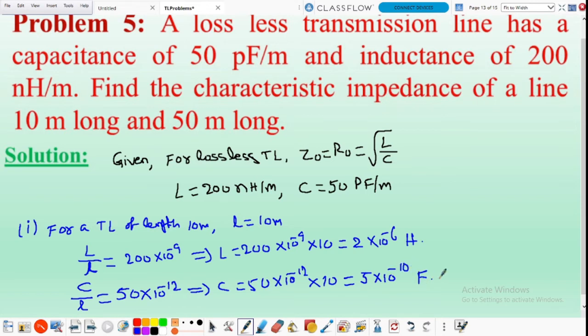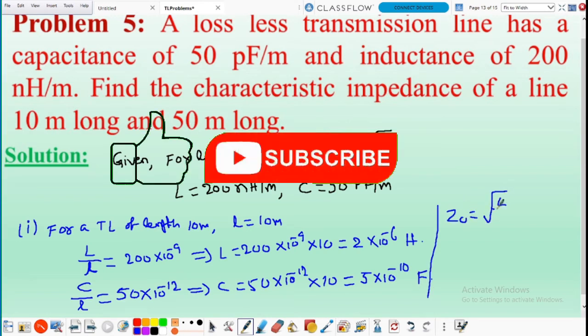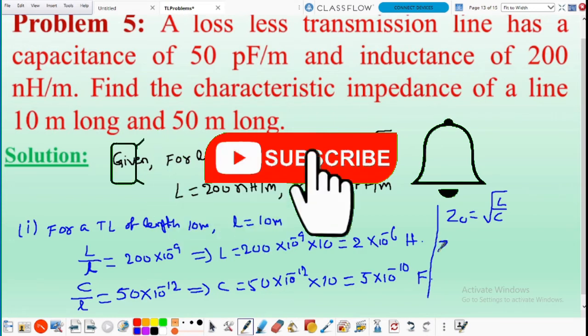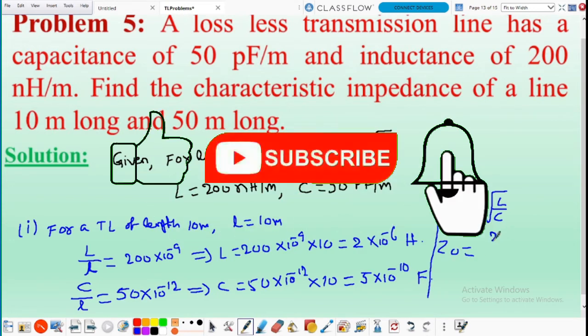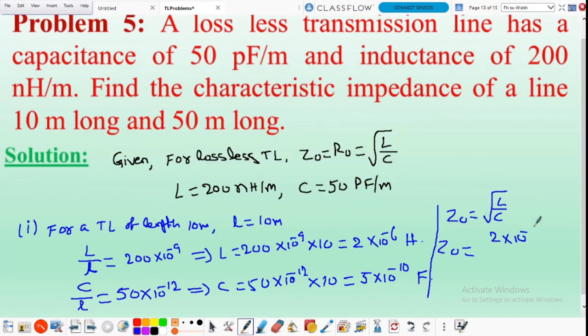Now calculate the characteristic impedance Z0. For a lossless transmission line, what is the equation of the characteristic impedance Z0? Z0 is equal to square root of L by C. Here L is equal to 2 into 10 to the power of minus 6 henries, and capacitance C is equal to 5 into 10 to the power of minus 10 farad.